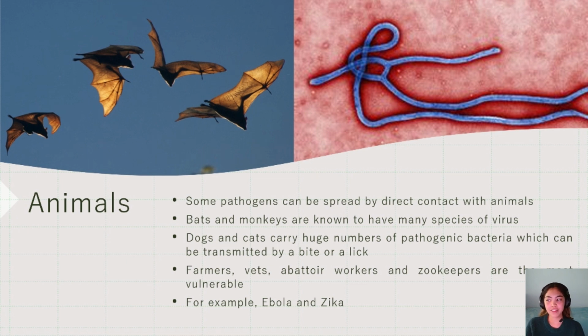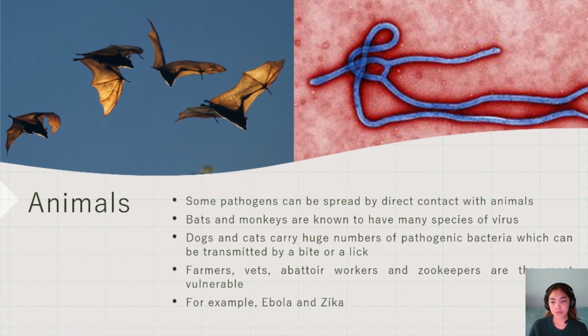The other thing that can cause us to contract diseases is animals. In Africa, you might have heard of Ebola before, and that's what this image is. This is the image of the Ebola virus, and it was actually spread by bats in Africa.